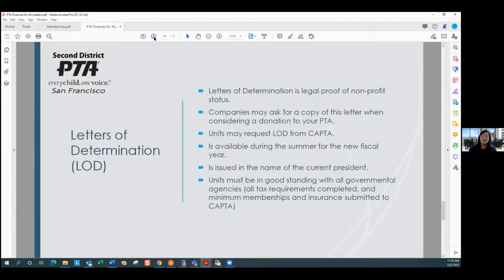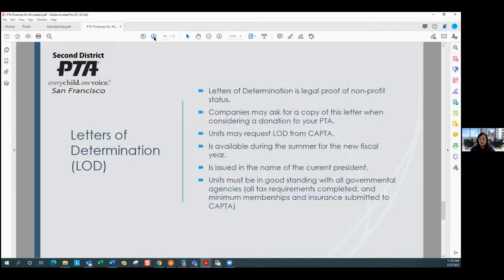Okay, and finally, what are letters of determination? They are legal proof that your unit has nonprofit status, and some companies may ask for this letter when they're considering a donation to your PTA. So your unit can request a current letter of determination from CAPTA.